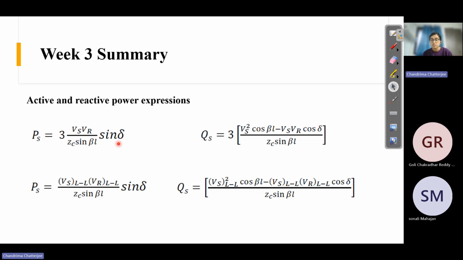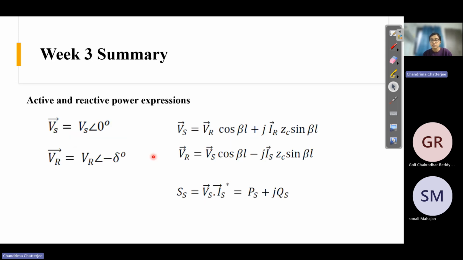If you remember in the last discussion, the original expression had gamma L instead of beta L. But here we are writing beta L because we are assuming the line is lossless.